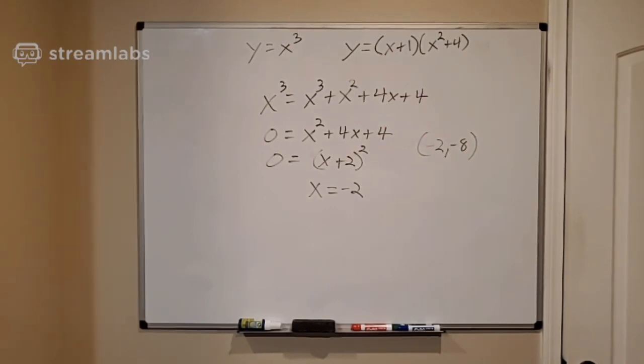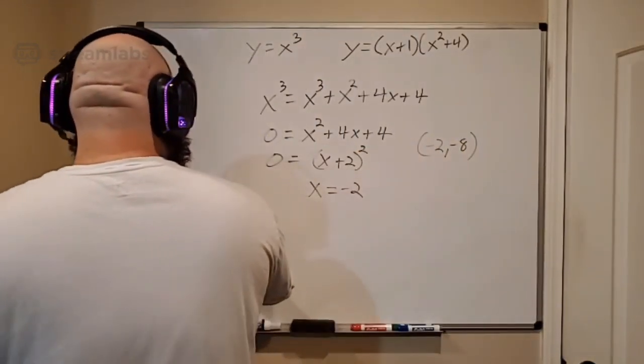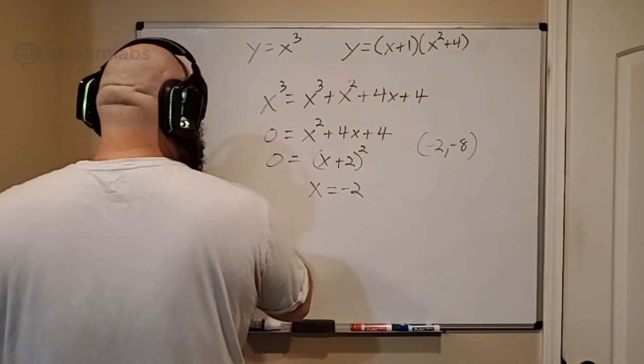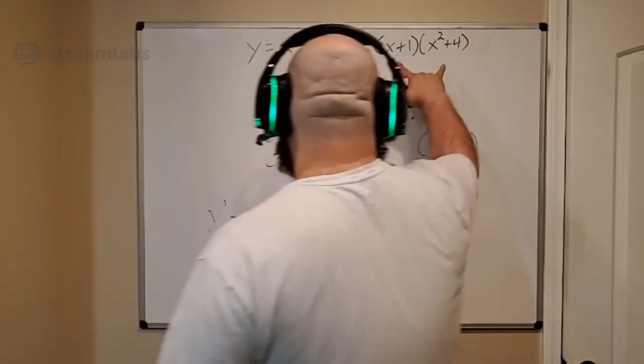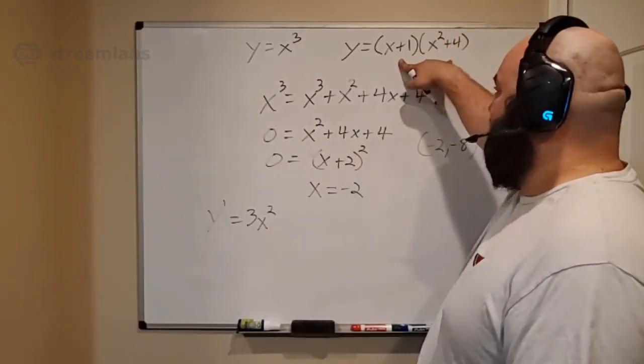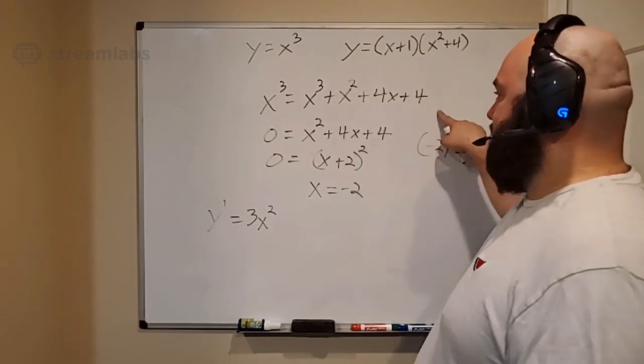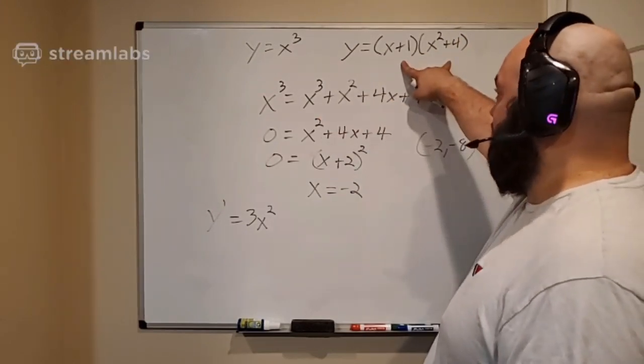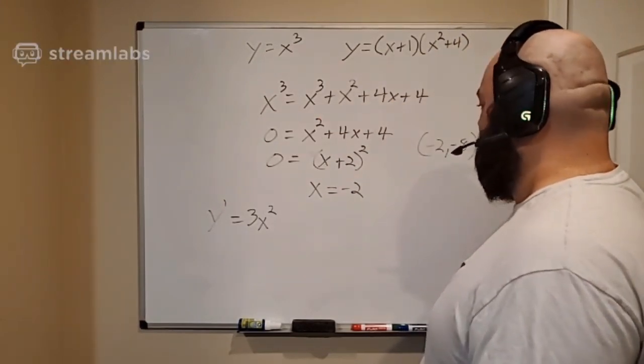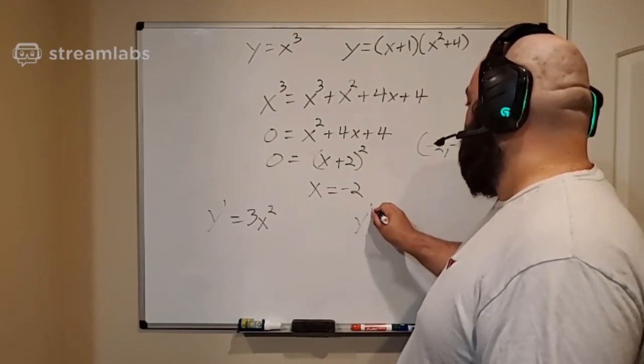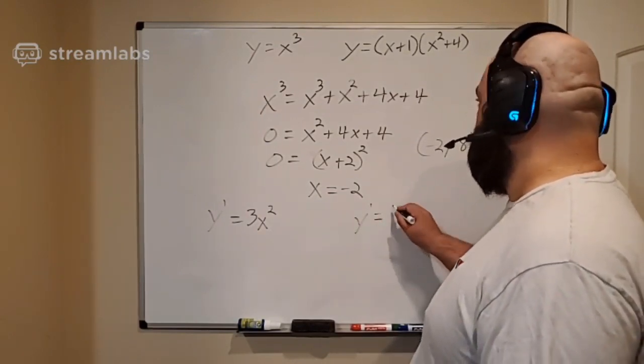And then the second part should have been super easy for you guys. Just use differentiation to find the gradient. Remember we talked about gradients, the slope. So basically just find both your y prime values. So y prime is equal to 3x squared. For this one, you've already multiplied it out. So the derivative of this is much easier than the derivative of this. And I don't think they can fault you for that. So y prime for this one is 3x squared plus 2x plus 4.